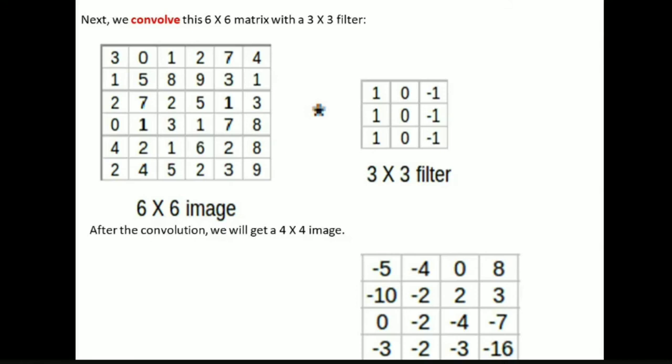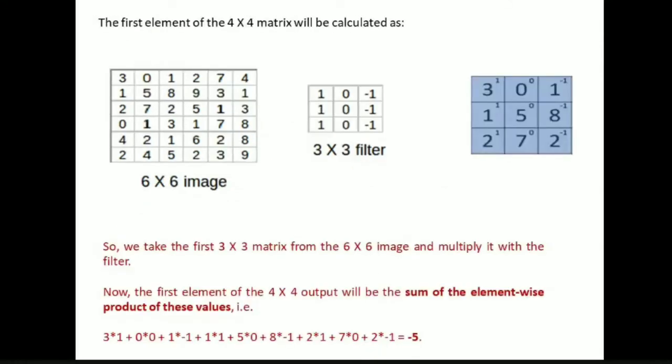Let us see. First, we have the 6 by 6 image and the 3 by 3 filter. When we take the 3 by 3 filter, based upon the filter, we also select the 3 by 3 sub image of the given original image. So since we took the 3 by 3 filter, we are going to take the 3 by 3 submatrix of the 6 by 6 image. That is 301, 158, 272.